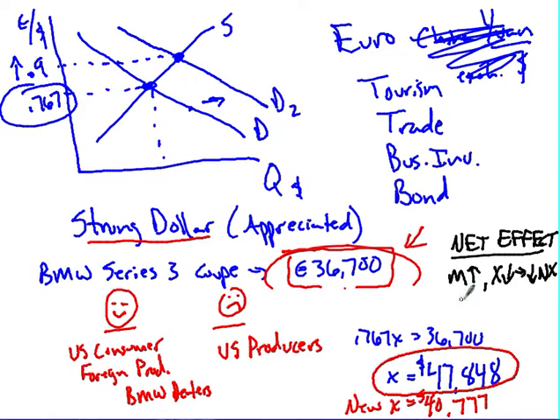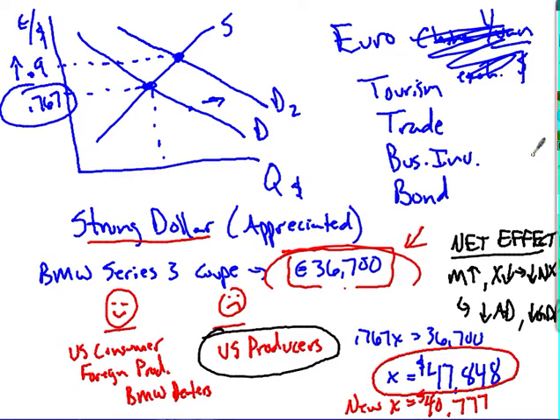And so if imports became greater than exports, we'd have a trade deficit. But if net exports go down, then there would be a decrease in aggregate demand, which could lead to a decrease in GDP. All right. So again, winners and losers here. If we have a strong dollar, then the U.S. consumer is happy, the foreign producers are happy, but domestic manufacturing is not. All right. And so that's that part.